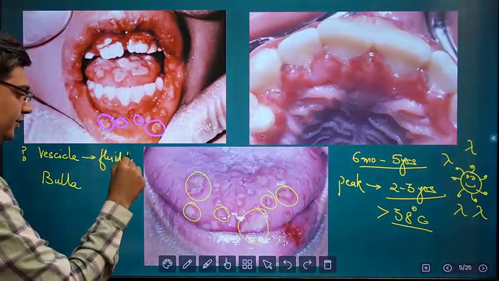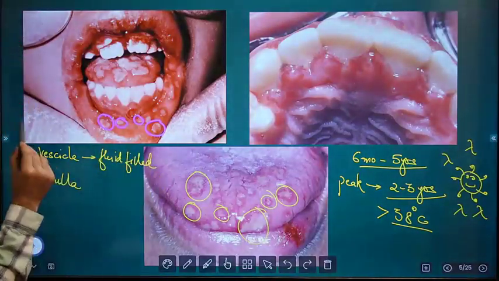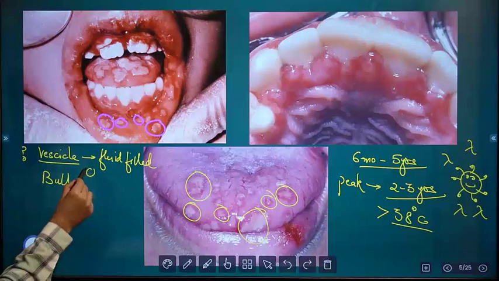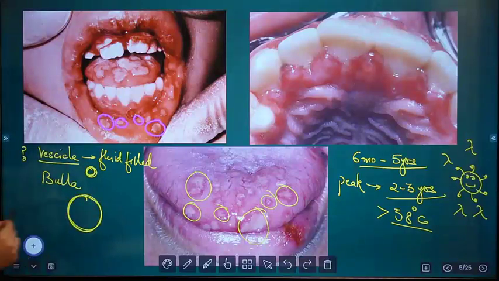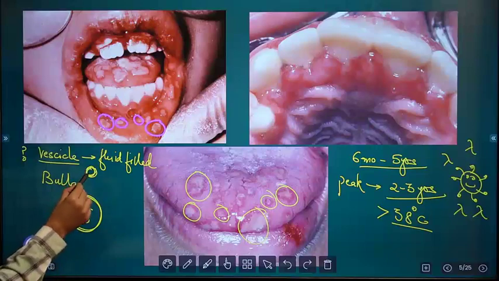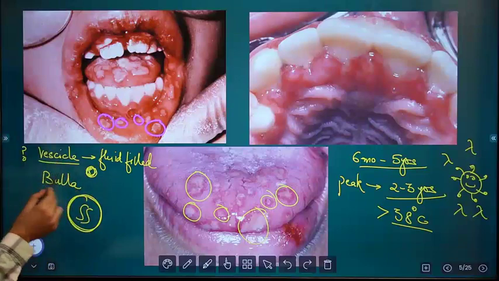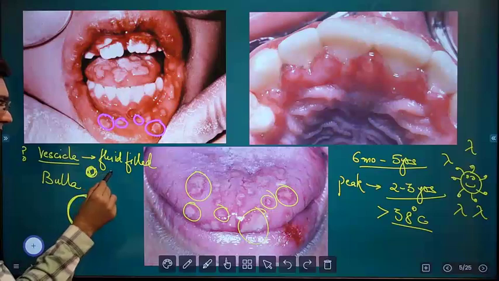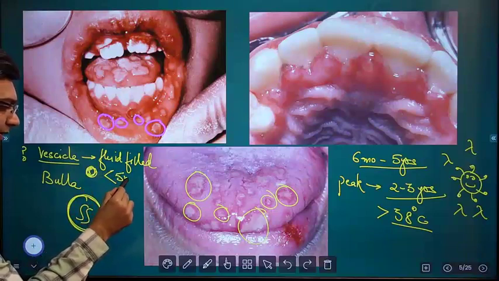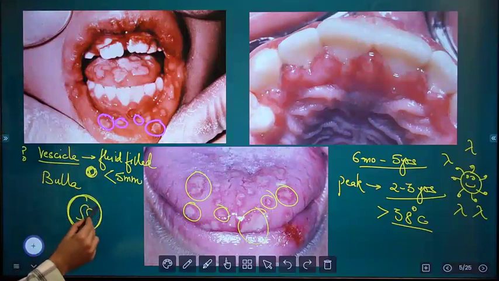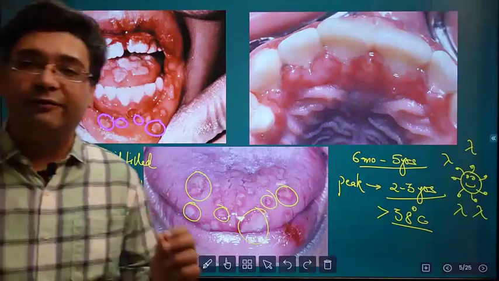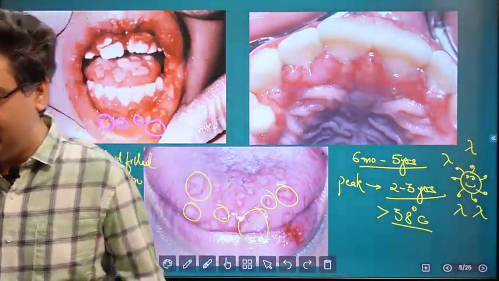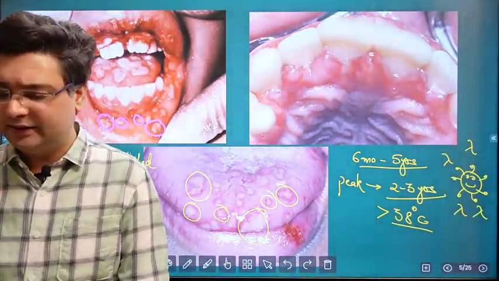The only thing is that the vesicle is smaller and the bulla is larger. Both of them have fluid in them, but the vesicle is less than 5 mm in size, and the bulla is generally greater than 5 mm in size. So the difference between a vesicle and a bulla is only the size.